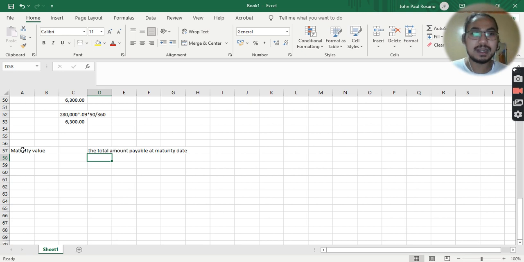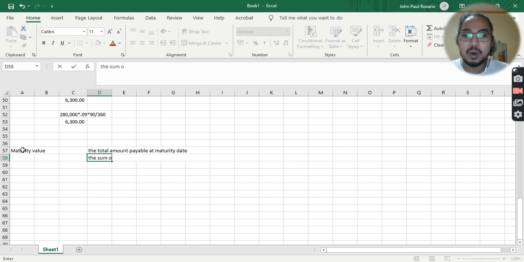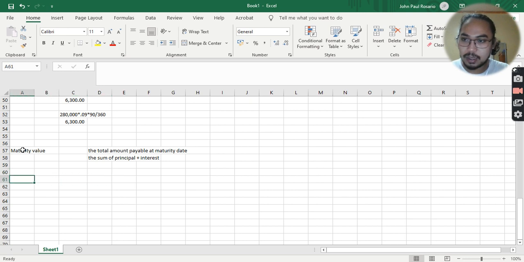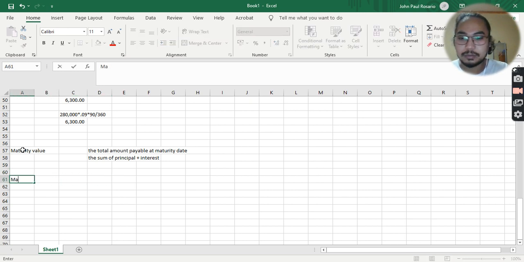Kaya since nag-due naman ang utang, bayaran nimo ang katong inahan pati ang anak. So total amount payable at maturity date, so meaning this is the sum of principal plus interest.